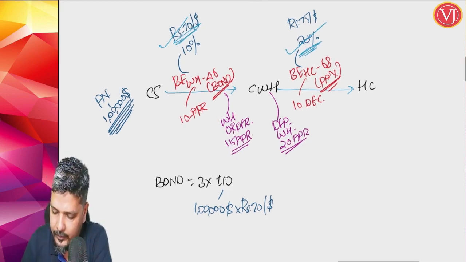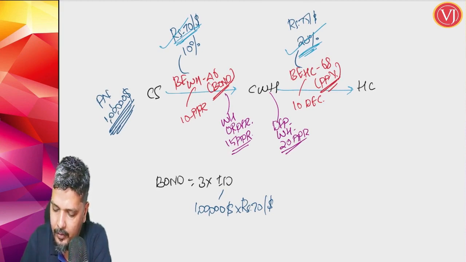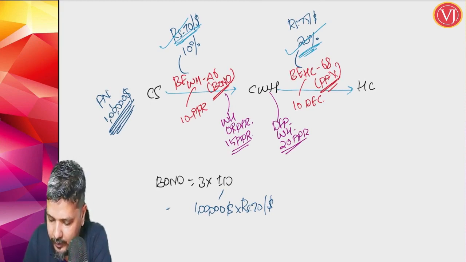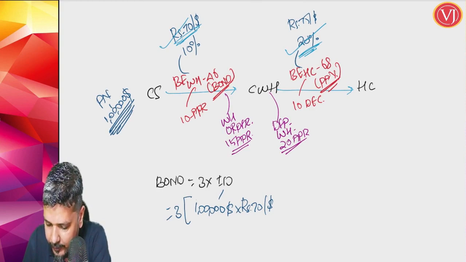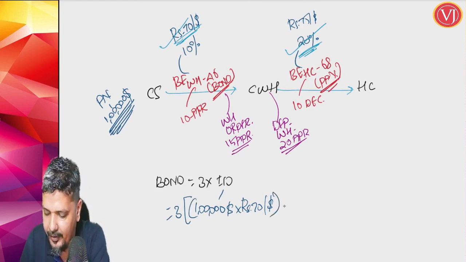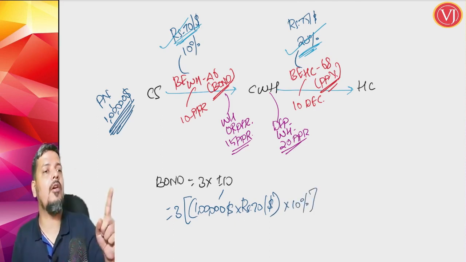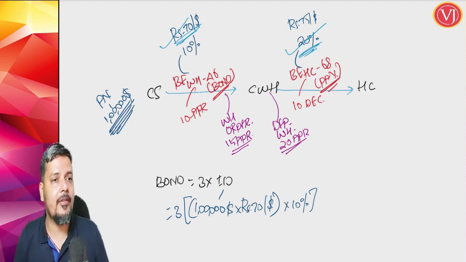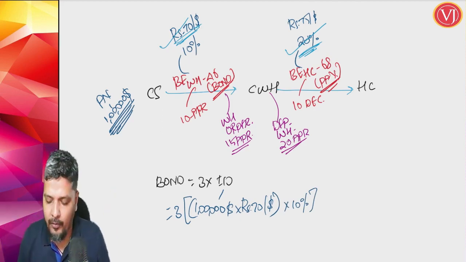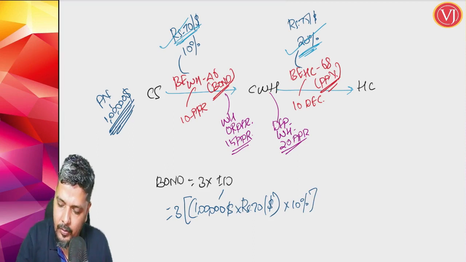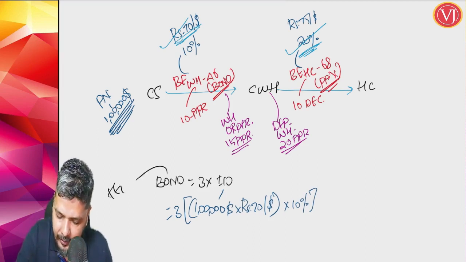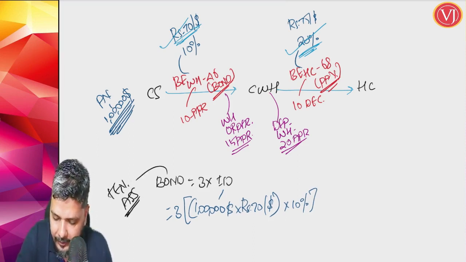So when I say 3 times import duty, value will be 70 lakh rupees multiplied by what percentage? No, 10%. Because you will not know that it is going to be 20% later. So for bond purposes, you will do something called tentative assessment.